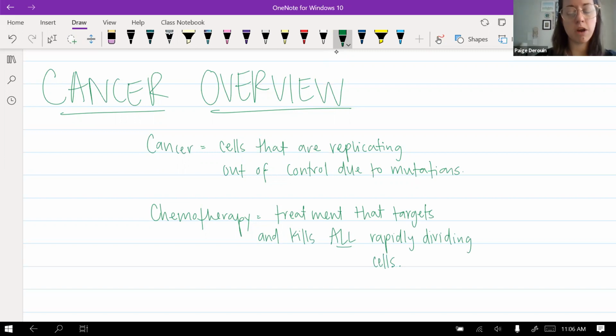So that's why if you know anyone who's ever had chemotherapy, you know that it is a very painful experience and a really tough treatment because it doesn't only kill the tumor cells, it also kills every other cell that's doing a lot of cell division.